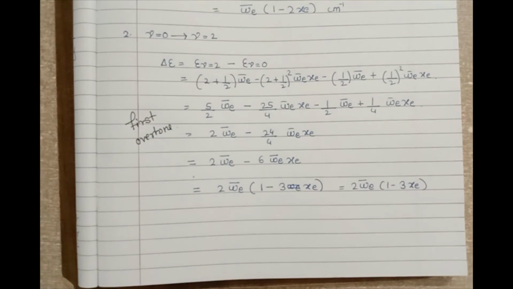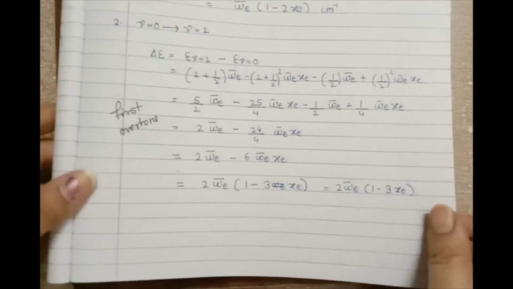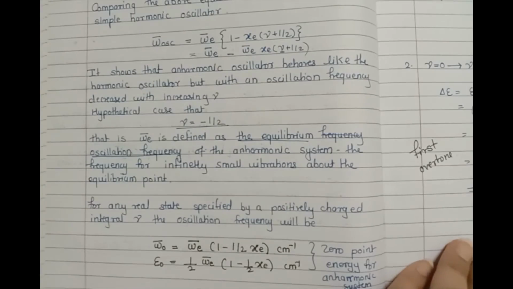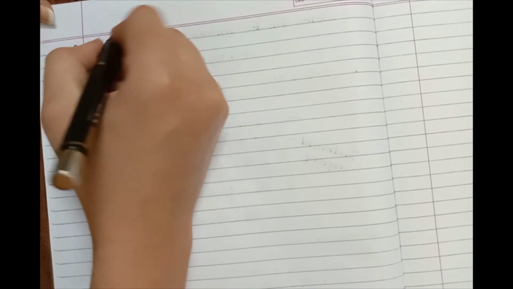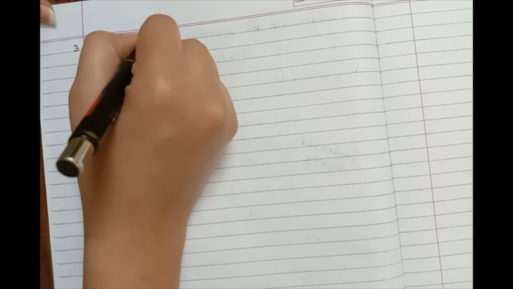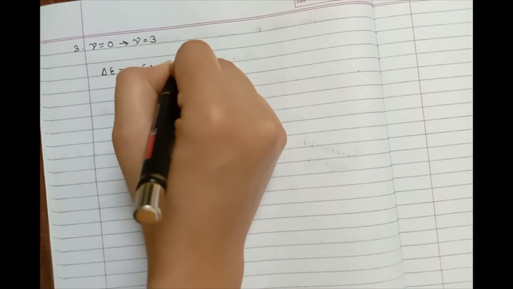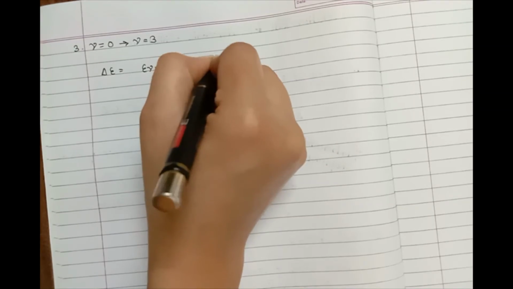Is it okay? The next point is the transition from ν = 0 to ν = 3. That is Δε is equal to ε(ν=3) minus ε(ν=0).